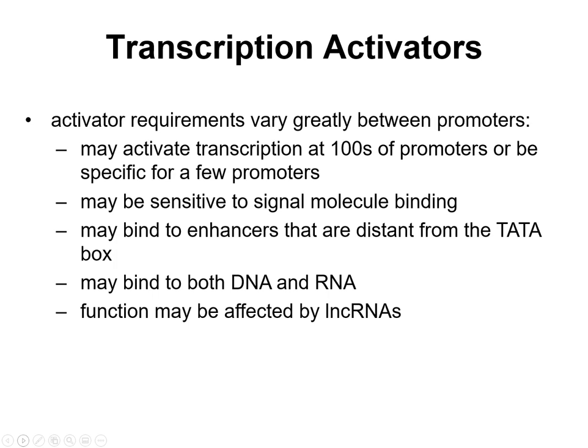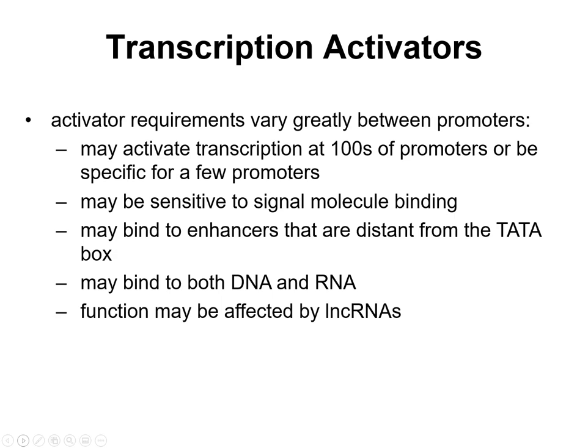So let's talk about some of these in a little bit more detail. Let's start with transcription activators. So the activator requirements are really different from promoter to promoter. We could be talking about activating transcription at hundreds of promoters, or you could have an activator that's very specific for a few promoters.